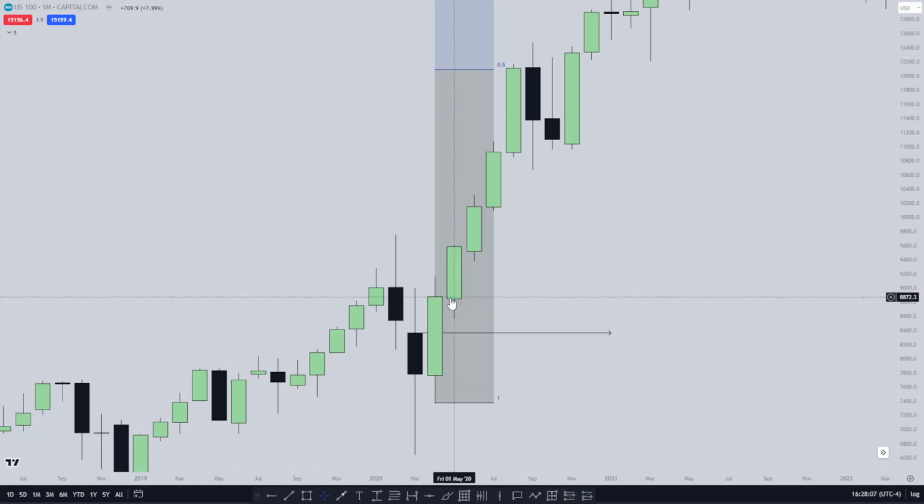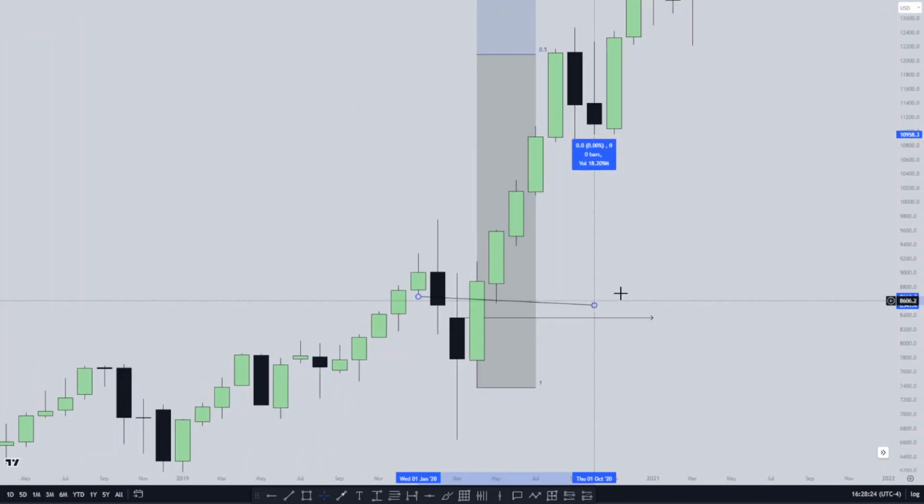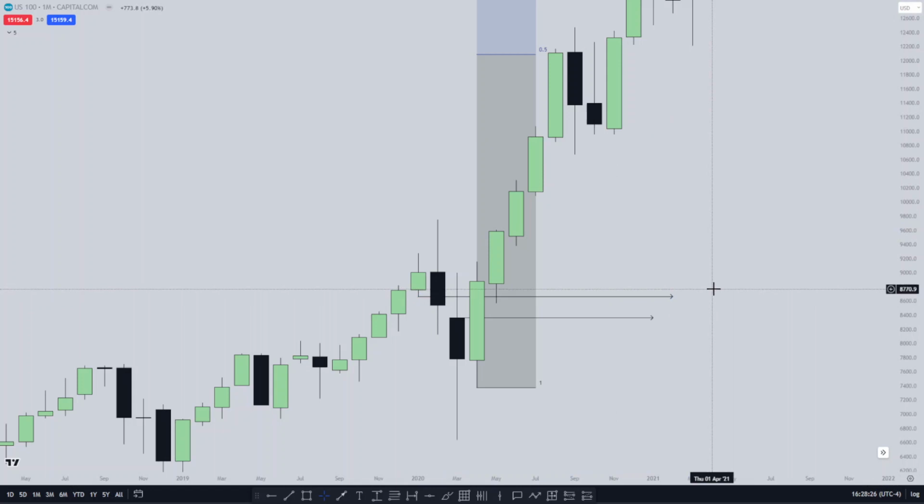Now, did we need to go lower? No, because we had this inversion fair value gap right here. We put this right here. So yeah, I'm just cherry picking right now.